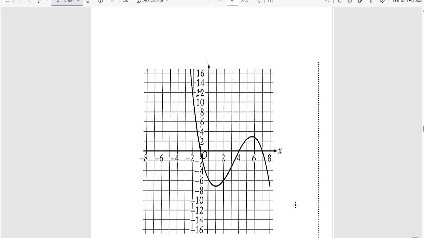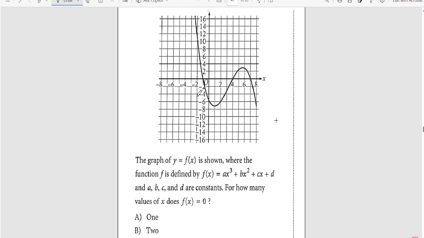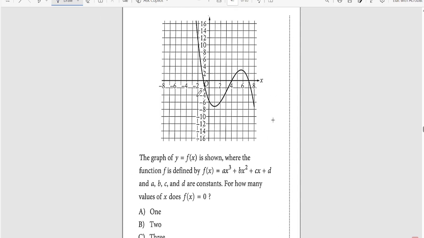Okay, now we are going to do the next question, which is about a graph. We have a graph of a function f(x). f(x) is a cubic polynomial, and for how many values of x is f(x) equal to 0? So basically you have to check where the graph intersects the x-axis: 1, 2 and 3.